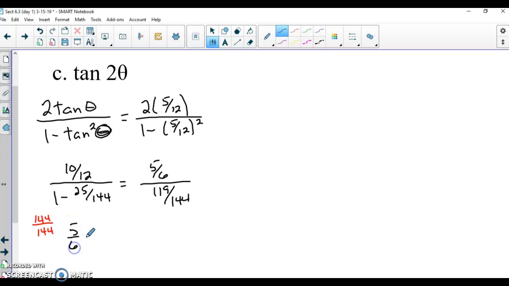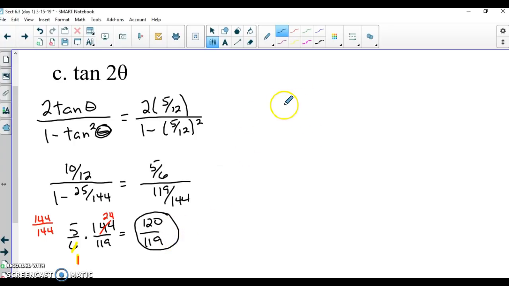So now I got 5/6 times 144 over 119. Well, 6 will go into 144 24 times. So now 5 times 24 is 120. 1 times 119 is 119. So you'll get 120 over 119.